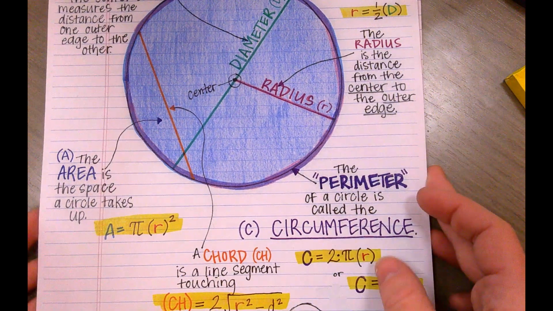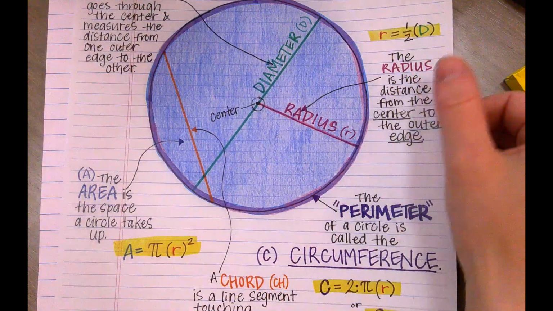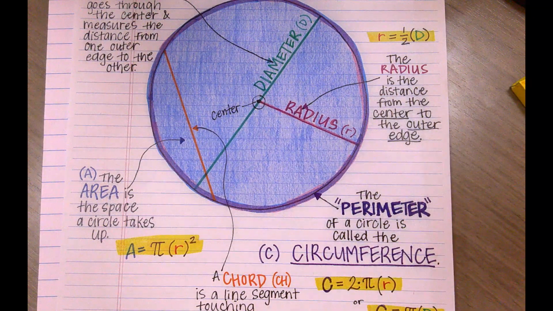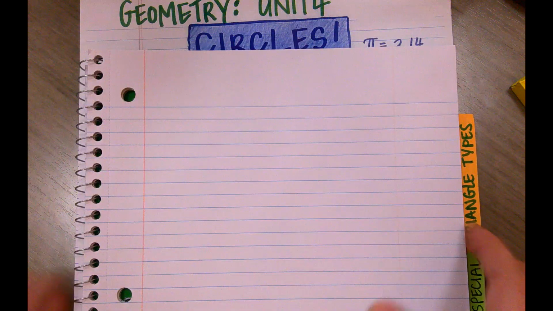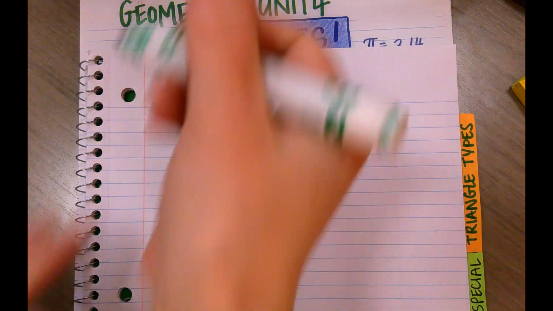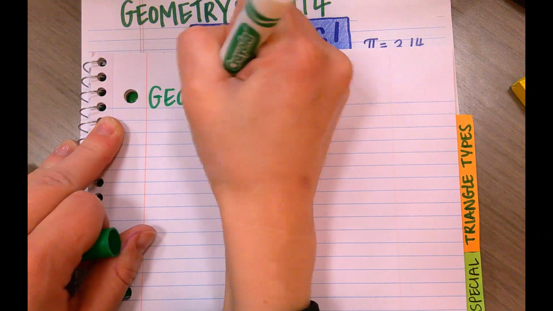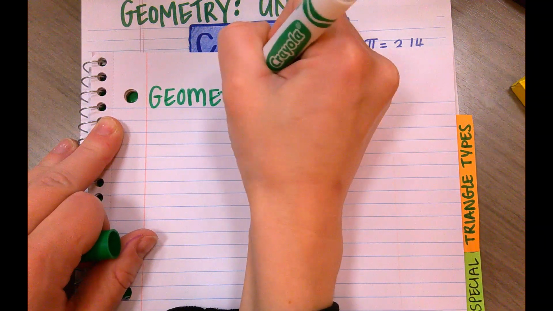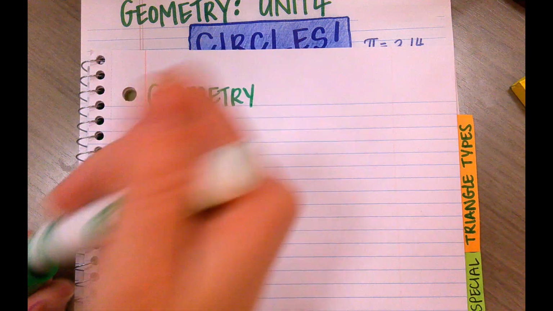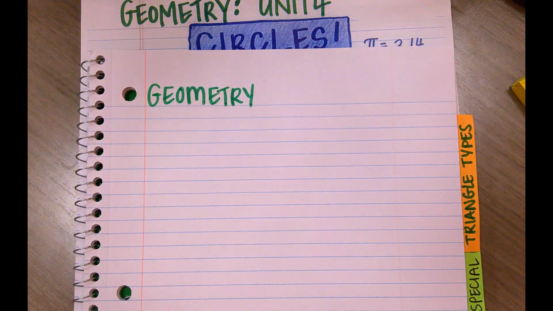But what I'm going to have you do now that we have this handout is pull out my notebook and we'll take some notes about how we can use all of this information to solve for different things in circles. So let me grab my notebook real quick. And I'm going to begin a page of notes. So I'm going to write geometry. And then today is day 23.